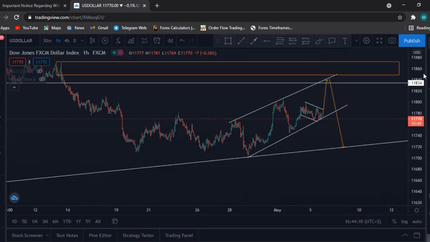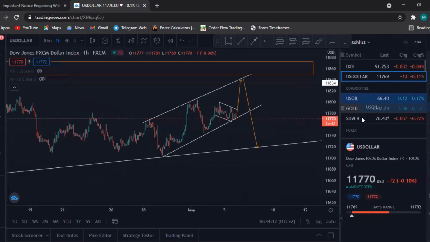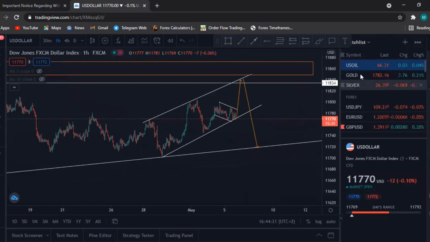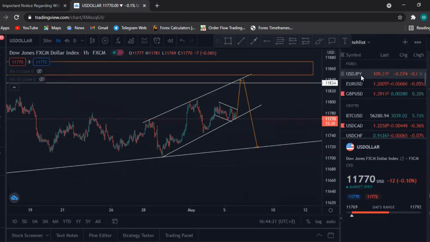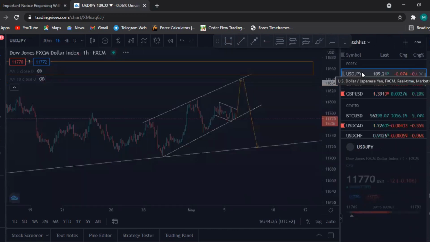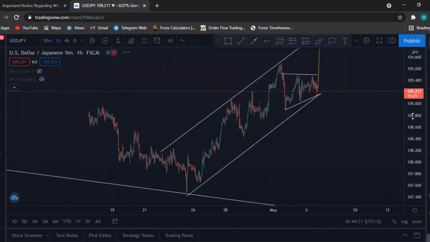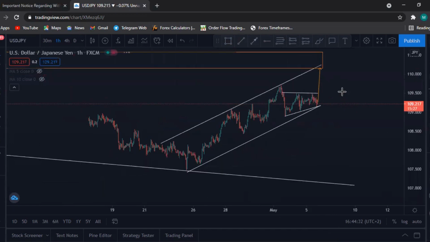So with the United States dollar against the Japanese yen, we expect it to follow the same direction, based on correlation, right? We did look at correlation. Remember that piece of information. So we expect the United States dollar against the Japanese yen to also push to the upside.